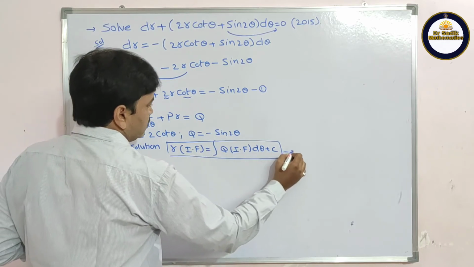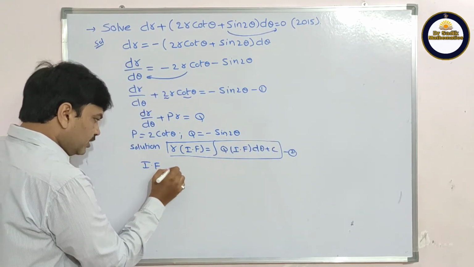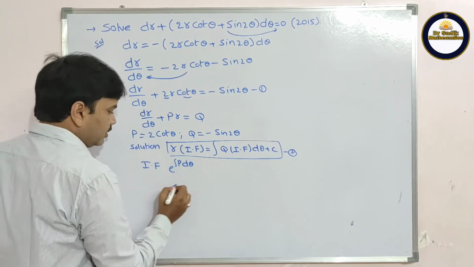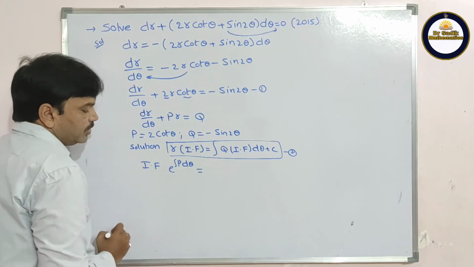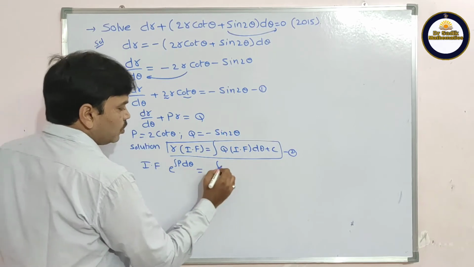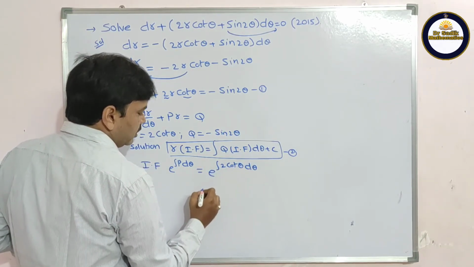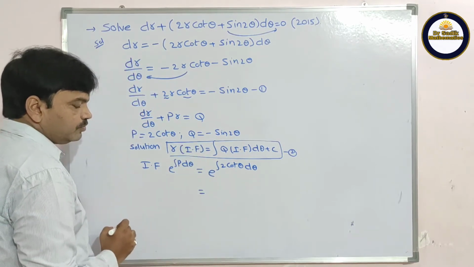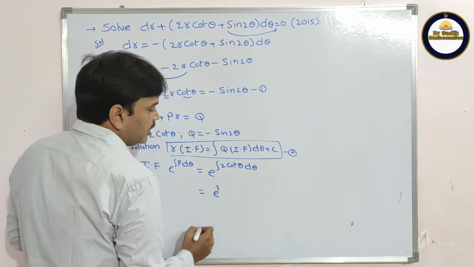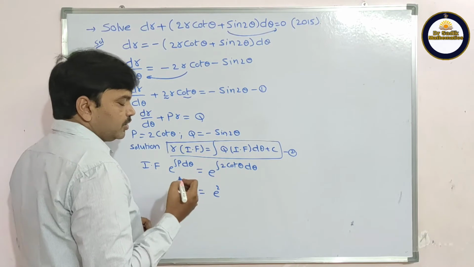This is 2, friends. Let's do it. What is the integrating factor, friends? Integrating factor is e power integral P d theta. I want to find this value first. So e power integral of 2 cot theta d theta, that is equal to e power 2 into integral of cot theta d theta.